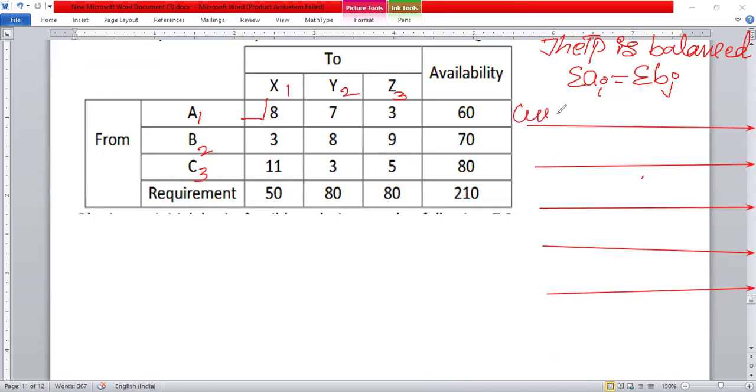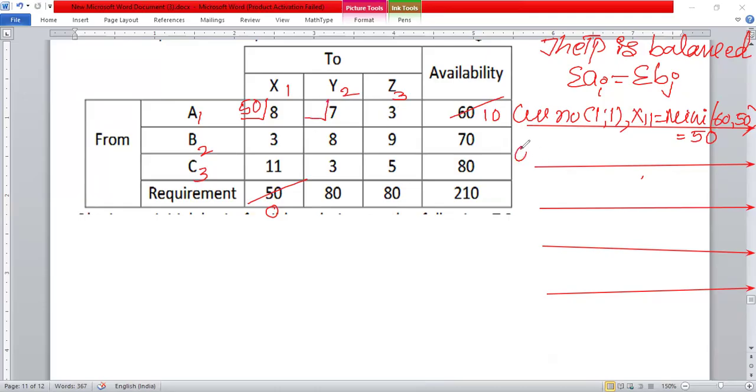So cell number 1, 1: x11 is equal to minimum of 60, 50. Minimum is 50, so let's mark it as 50. 50 minus 50 is 0. 60 minus 50 is 10. Now column 0 happened, we'll move on to row.